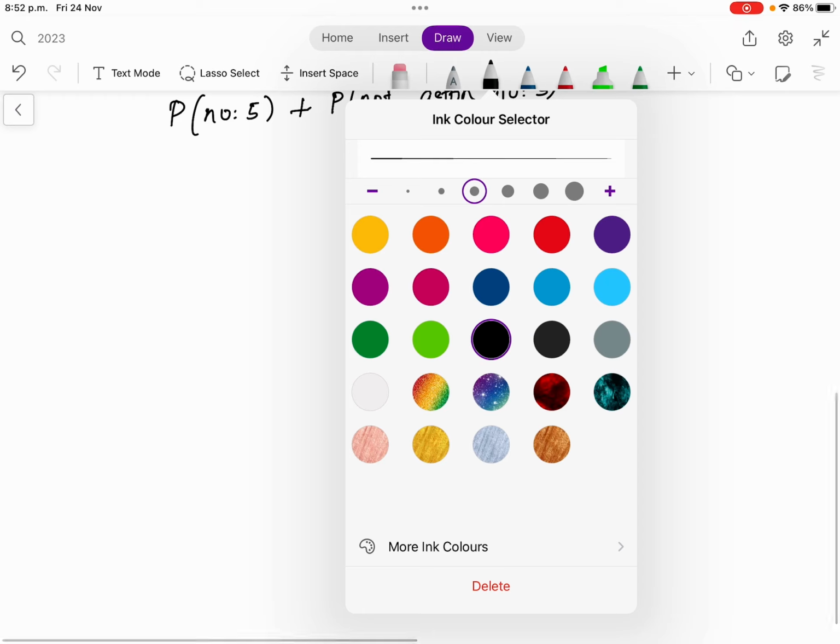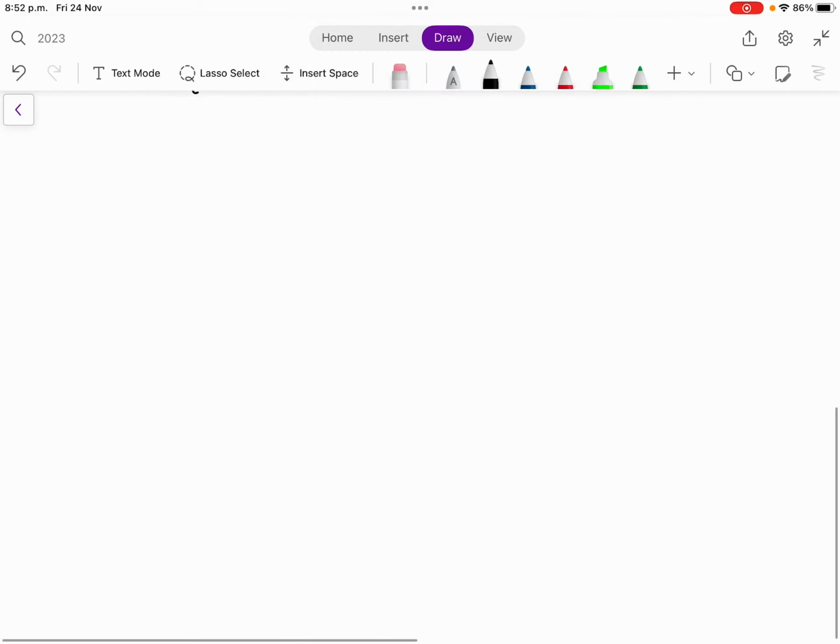Now, to work with the tree diagram: a tree diagram represents the pictorial representation of all the outcomes of events when multiple events are happening, or maybe one event happening multiple times. For example, I am tossing a coin twice.